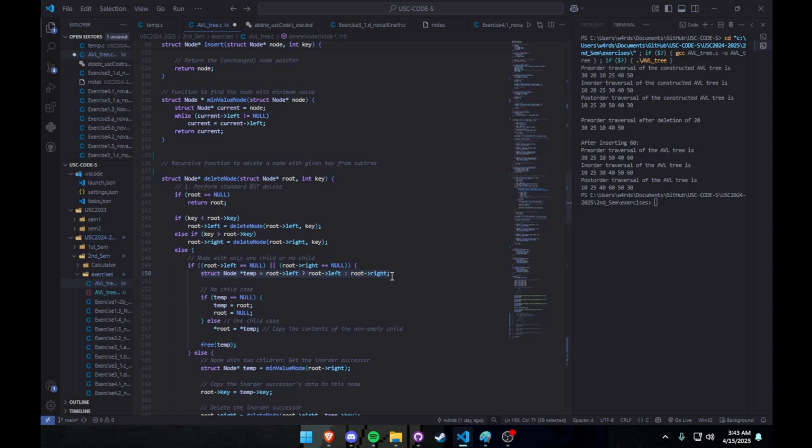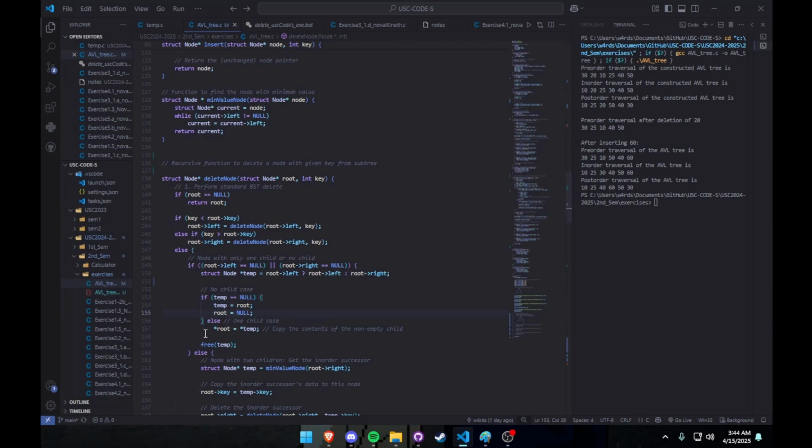I forgot what this does. We'll go back to that later. And the no child case: if temp is equal to null, temp is equal to root, and root is equal to null.